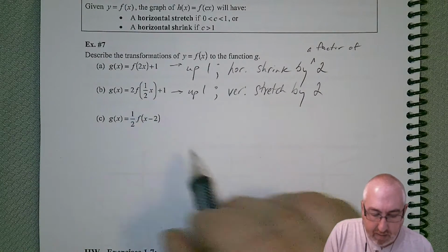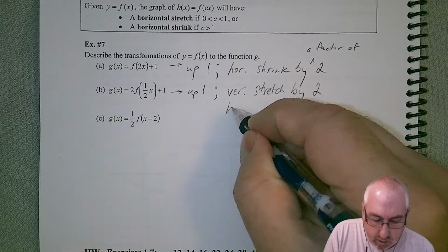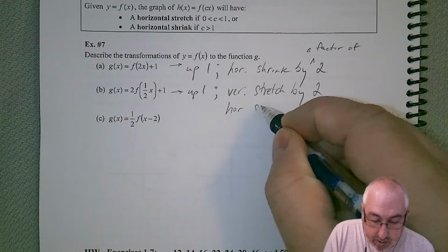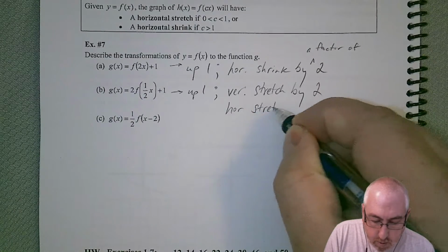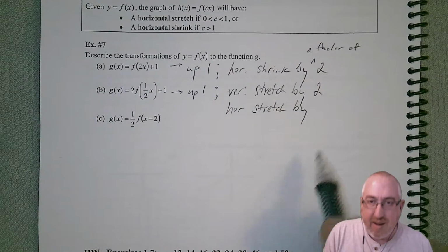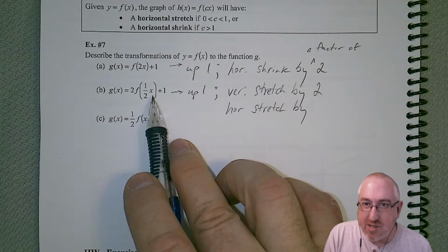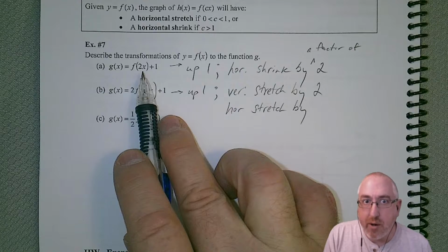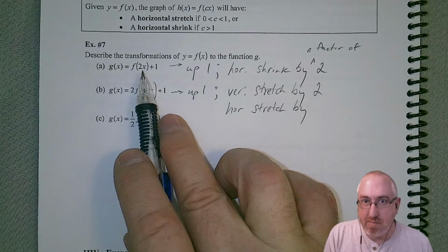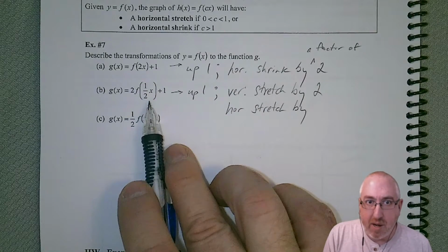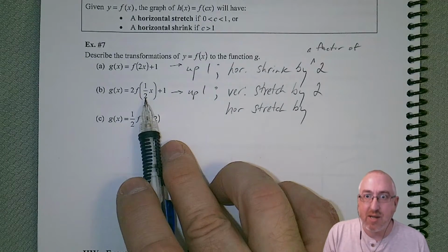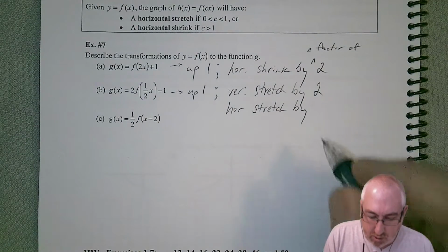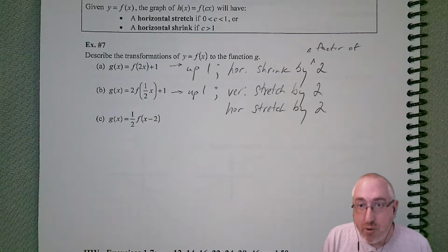And then the 1/2 is going to be a horizontal stretch by, now we don't want to say by a half because that doesn't really make sense. The previous one was a shrink by 2 because of the way it was written. But because we have the 1/2, it is a stretch, so we almost have to think of it as a horizontal stretch by a factor of 2 as well.